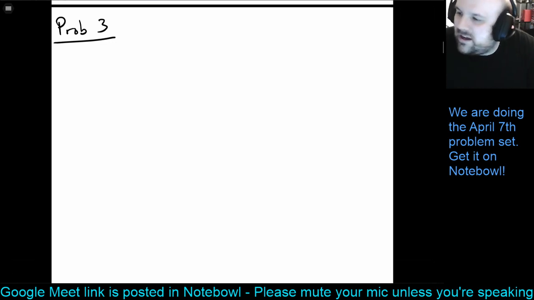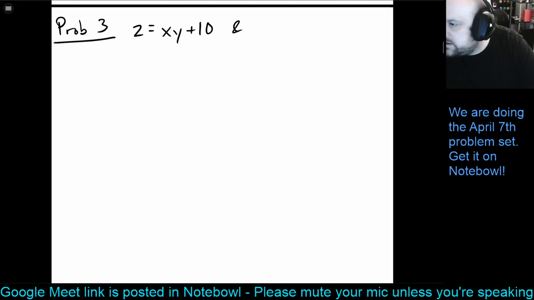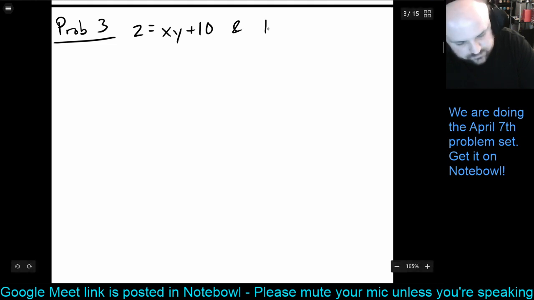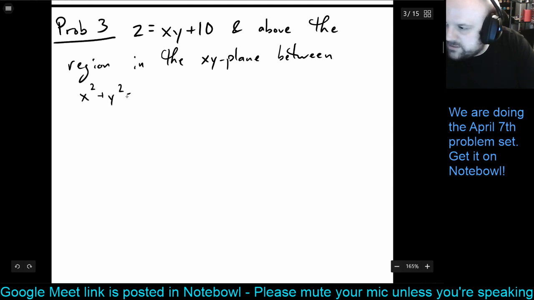All right. So problem 3, we're trying to find the region beneath z equals xy plus 10 and above the region in the xy plane between the circle x squared plus y squared equals 4 and x squared plus y squared equals 16.